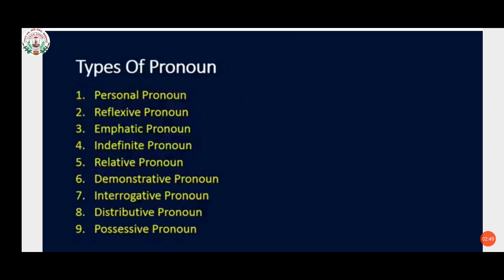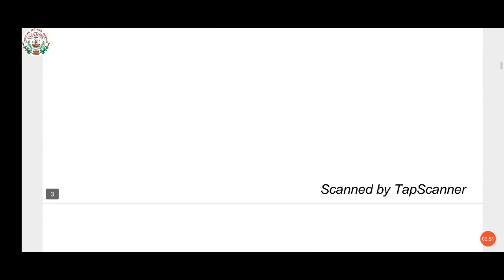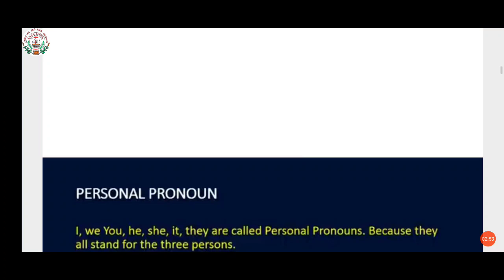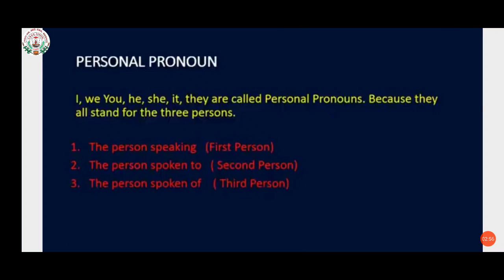First is the personal pronoun. So let's see the definition with the example. What is personal pronoun? Now here it is given, I, we, you, he, she, it, they are called personal pronouns. Here the words are given.